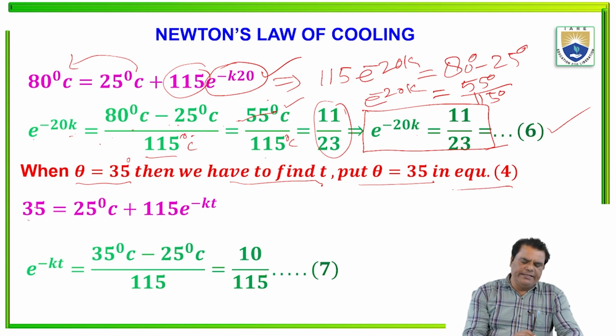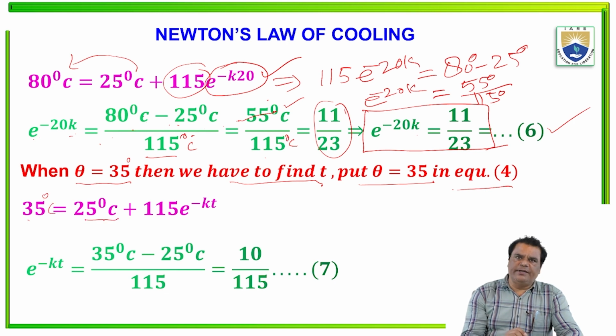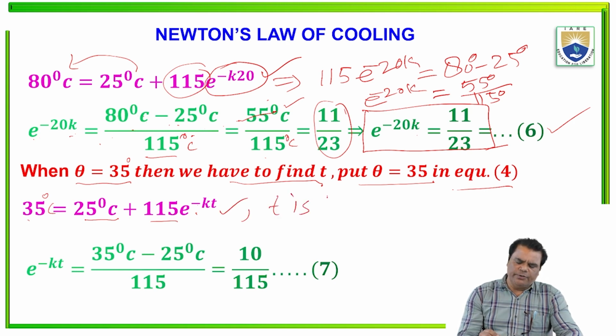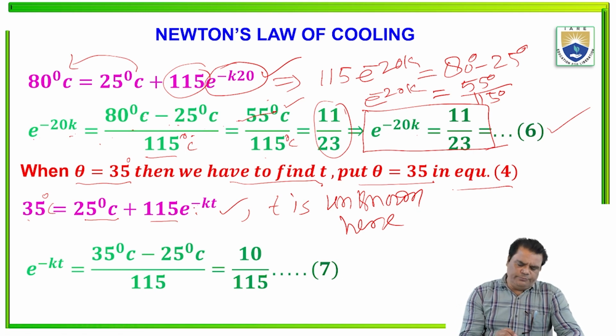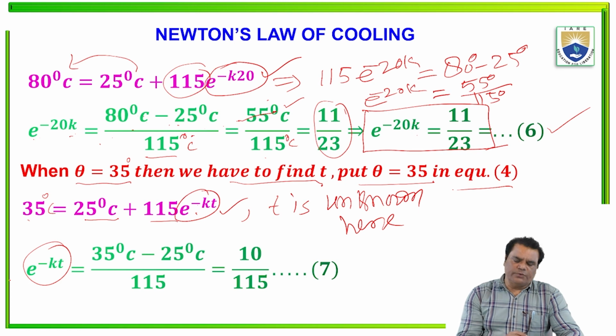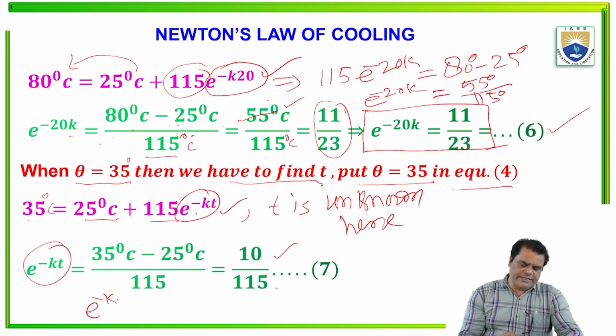So here is 35 degrees centigrade equal to 25 degrees plus 115 e to the power minus kt. t is unknown here, we have to find t. So e to the power minus kt equal to 35 degrees minus 25 degrees centigrade upon 115, equal to 10 upon 115. This is equation 7.